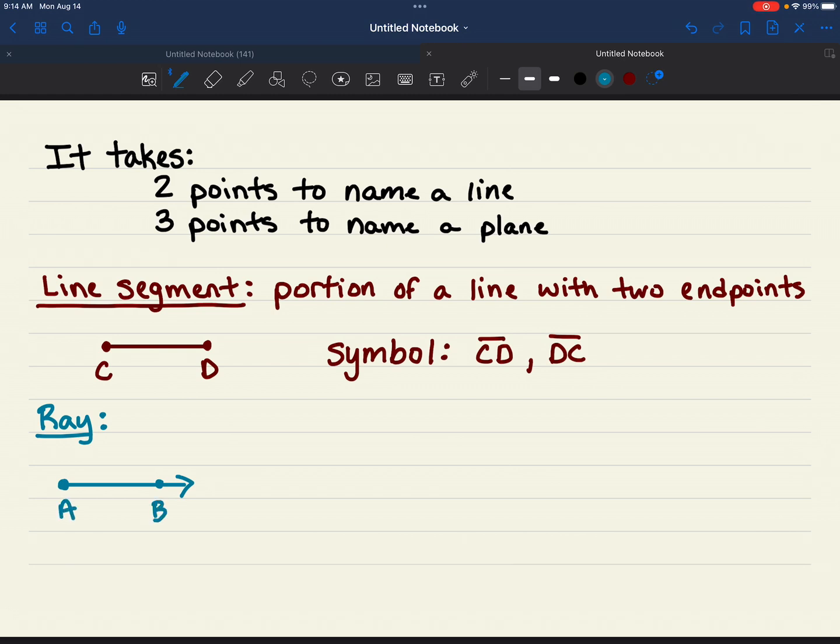Okay, so how is this different? How's a point in there? Yeah, so it has part of a line with 1 endpoint, going in one direction.